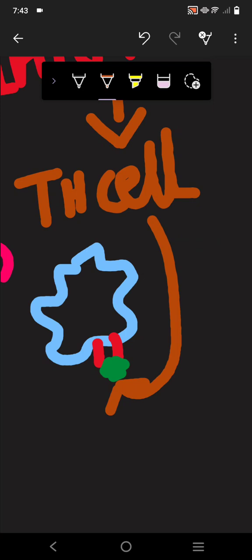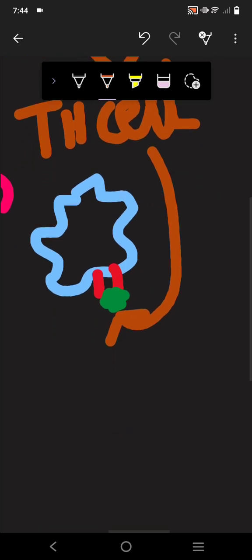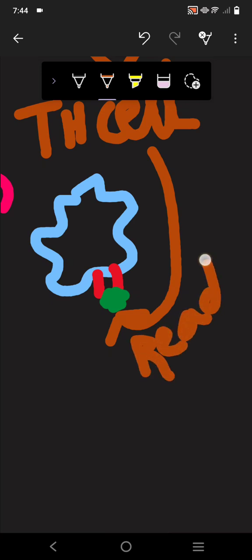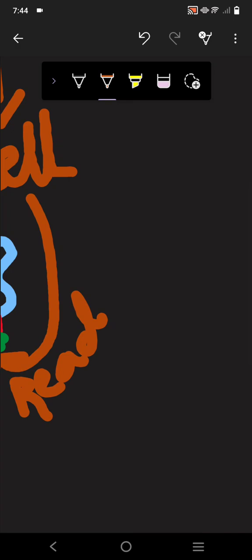So the T helper cell will attach to the antigen and read the antigen when the interleukin 1 is released.